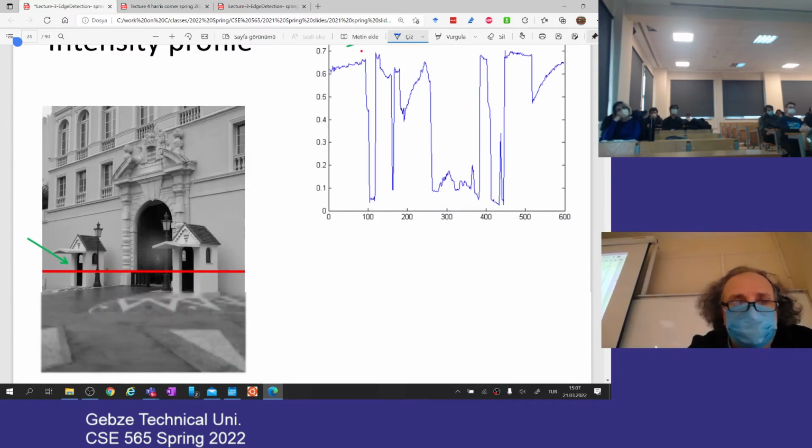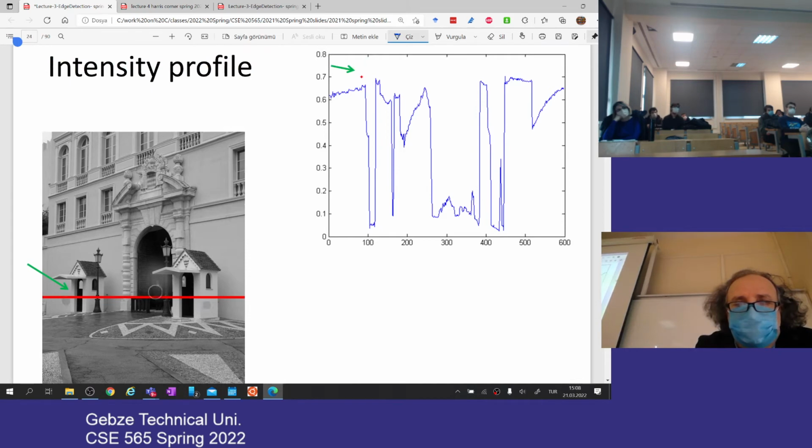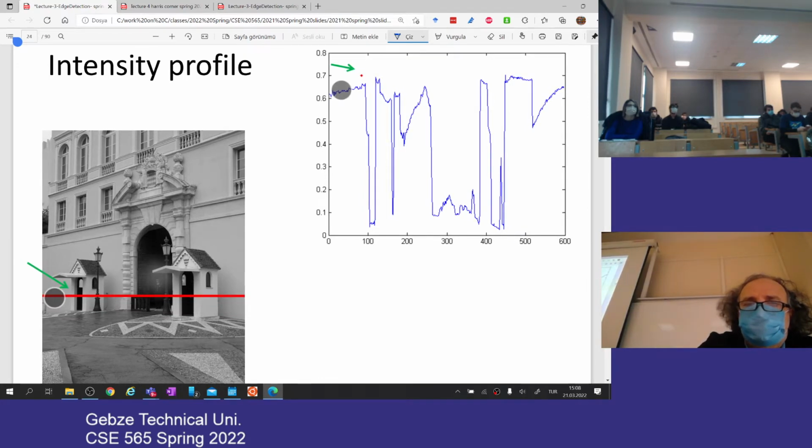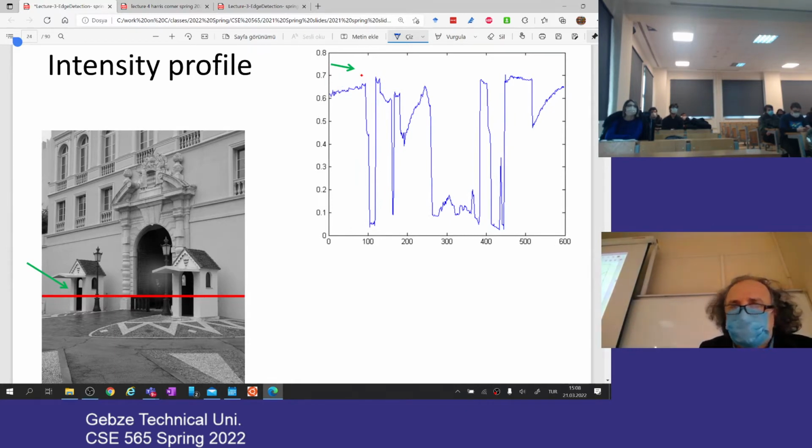Okay, so here is a line profile from this red line here. I think this is the real stuff. This point corresponds to this point, right? So the intensity is increasing, increasing, increasing. Where is this sudden drop? I don't understand this sudden drop.